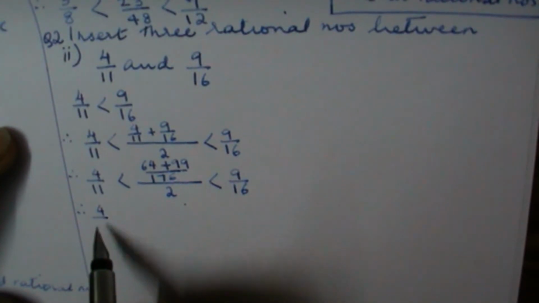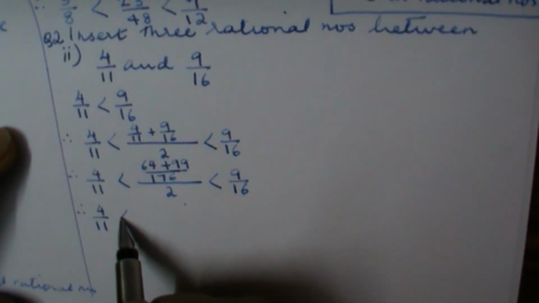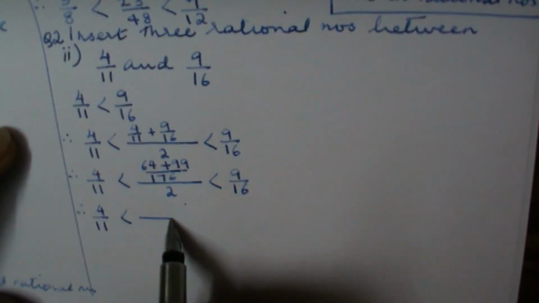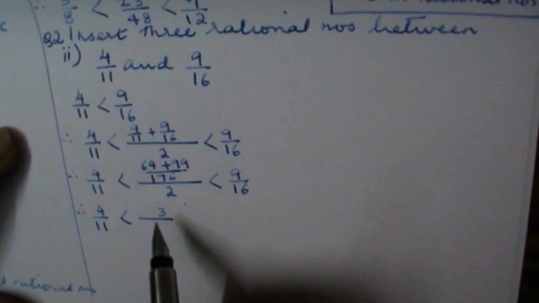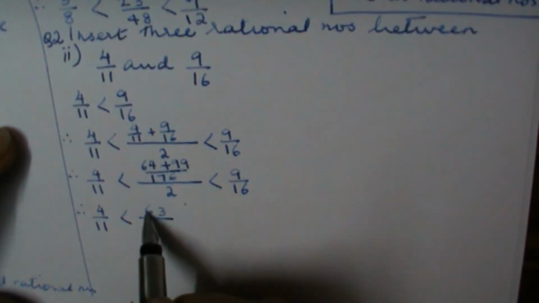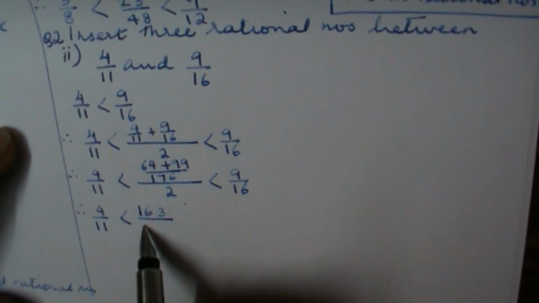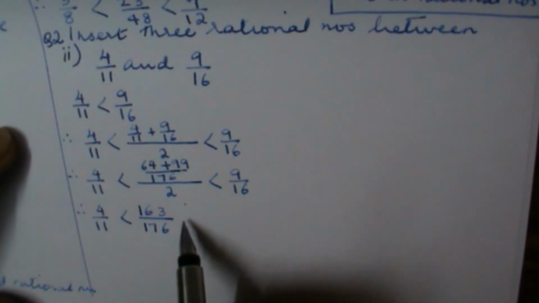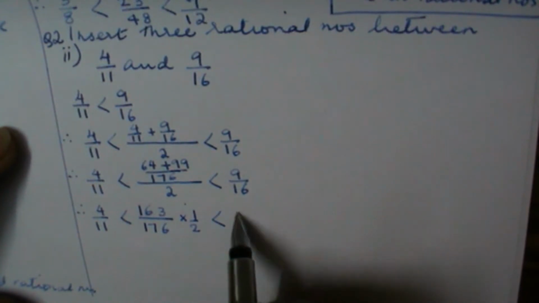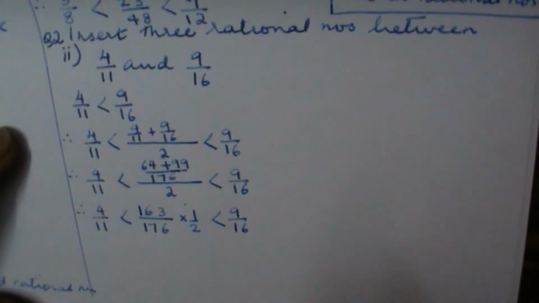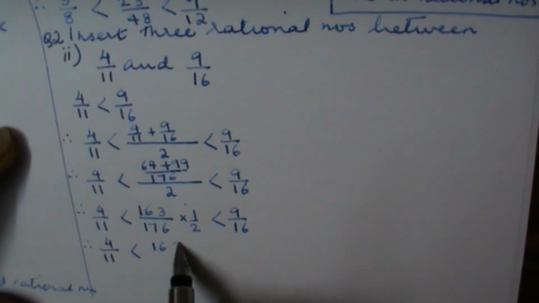Therefore you'll have 4 upon 11 less than. Now out here I will add these, so you'll have 9 and 4 13 and 16 here, and this is 176, and you are dividing by 2, so it looks like so. Therefore 4 upon 11 is less than 163 upon 352.